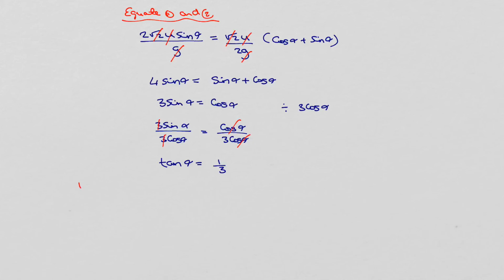So we say, but alpha equals theta minus 45 degrees, and therefore this is going to become tan of theta minus 45 degrees equals 1/3. So we now need to get tan theta on its own.